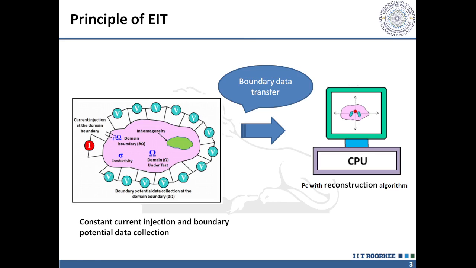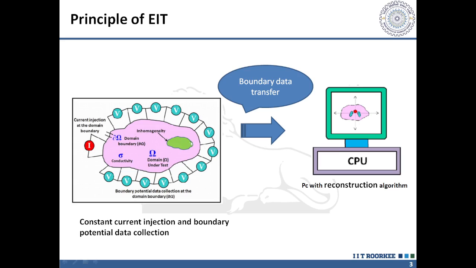So you can see we get the voltage as our measured data, and we transfer the data into our CPU, and the algorithm helps to reconstruct the image on my display. The body also has conductivity. The body is not plain, so it is not homogeneous. The conductivity changes with distance. We will discuss all this further.